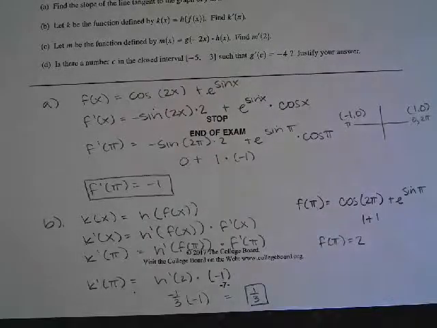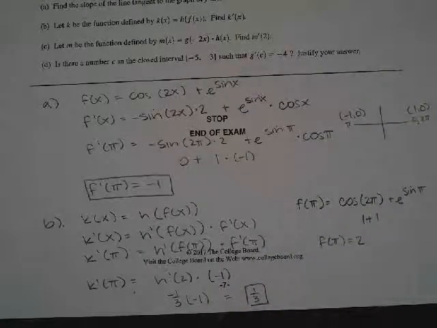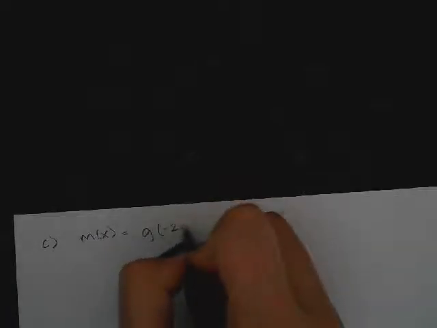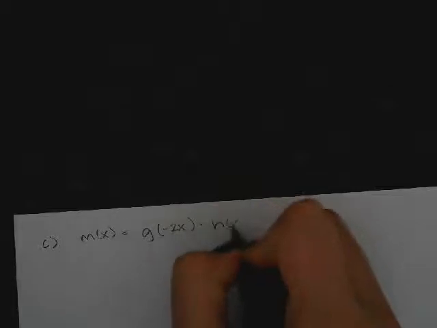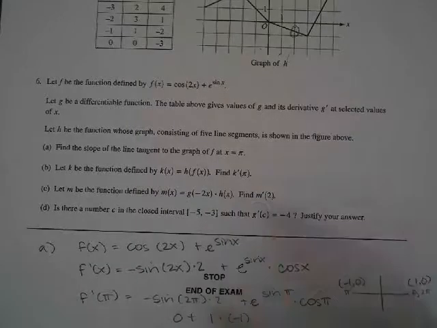All right, next we have m of x is g of negative 2x multiplied by h of x. And they want us to find the derivative at 2.